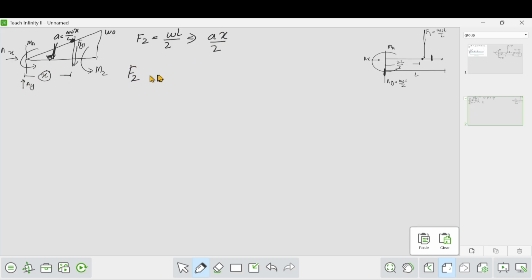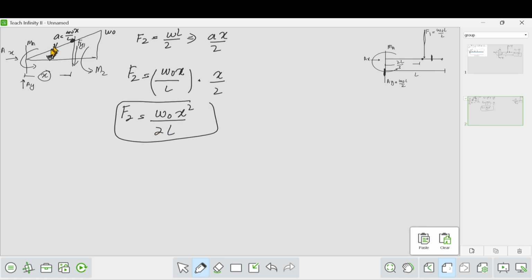So F2 equals, A is omega naught X divided by L, and this length is X divided by 2. So F2 will equal omega naught X square divided by 2L. We have found this F, which is omega naught X square divided by 2L.